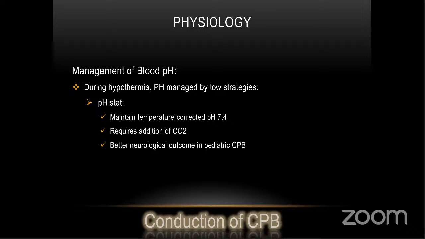For pH stat, you keep correcting the pH at each temperature to 7.4. So keep it maintained at 7.4. This requires addition of CO2, and this also gives better neurological outcome in pediatric patients.